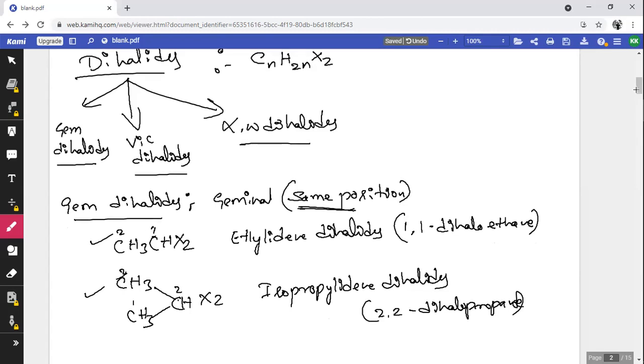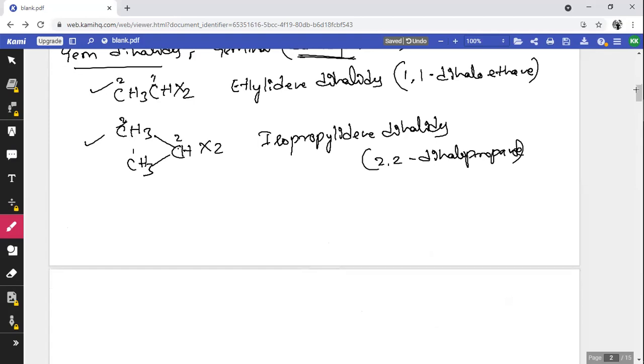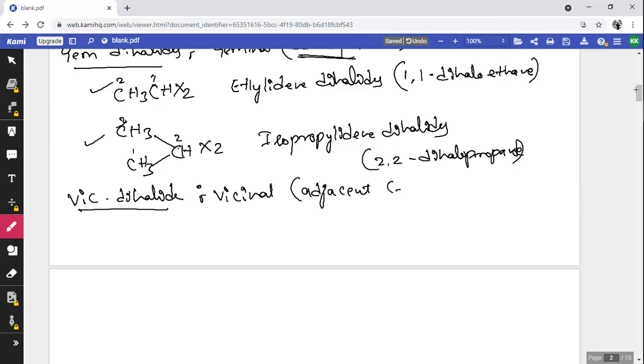Now we go for the second type, vicinal dihalide, vic dihalide, which is derived from the word vicinal, which means adjacent carbon atom. So geminal means same carbon, vicinal means adjacent carbon atom.